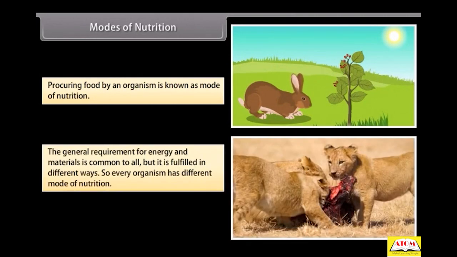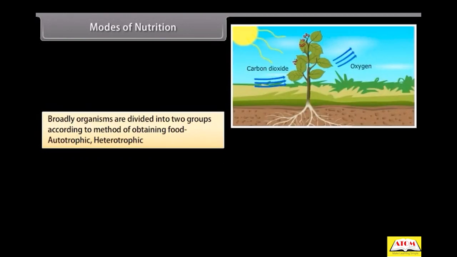The general requirement for energy and materials is common to all, but it is fulfilled in different ways. So every organism has different mode of nutrition. Broadly, organisms are divided into two groups according to method of obtaining food: autotrophic, heterotrophic.